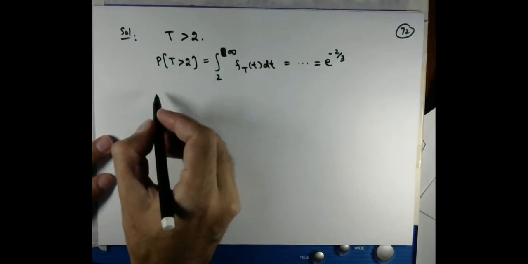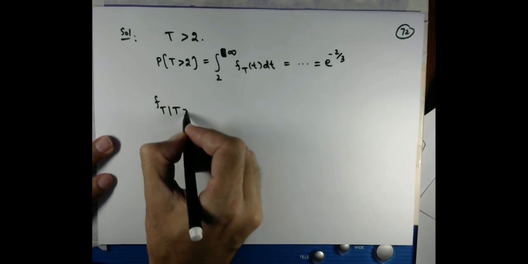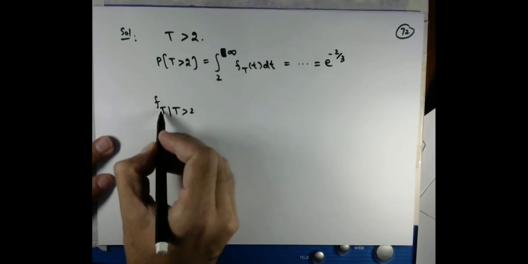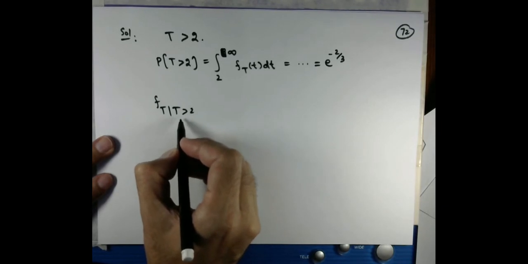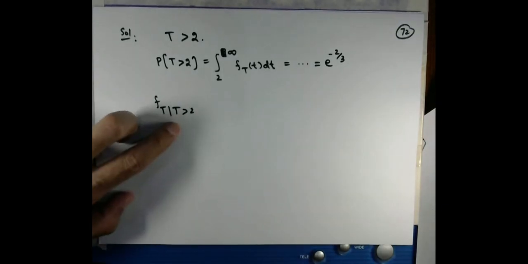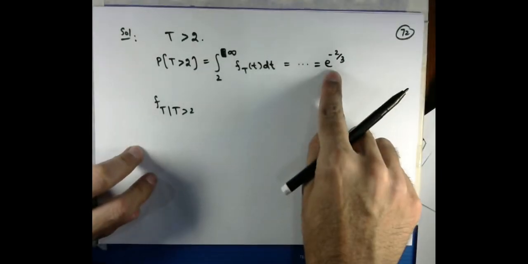If this is known, you can find the conditional PDF of the call duration time given that t is greater than 2. So this t greater than 2 is nothing but like B here, and its probability, the probability of B as denominator, has been found as such.